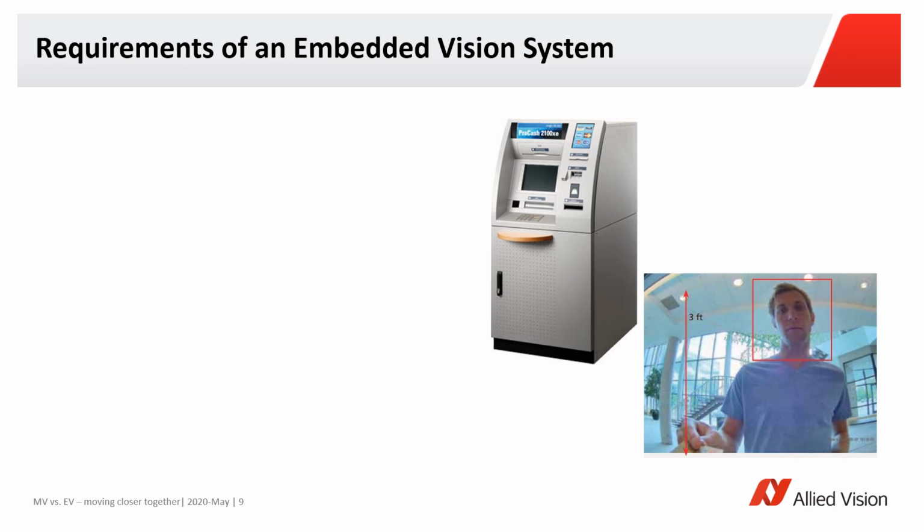Let's now have a look at the requirements of an embedded vision system. On the right-hand side, we see a cash machine or ATM. They usually have cameras embedded, and there an image is generated on a continuous basis, and the image processing which is done is only based on a simple face recognition.